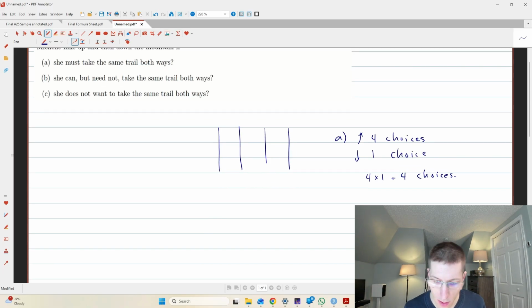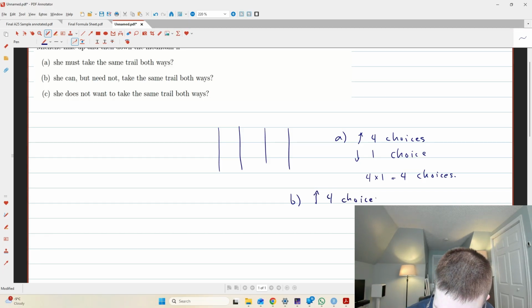For part B, she can, but doesn't have to take the same trail both ways. So going up, there's still 4 choices. Going down, she can take the same trail, but she doesn't have to. So she could take any of the other trails as well. So she has 4 choices going down.